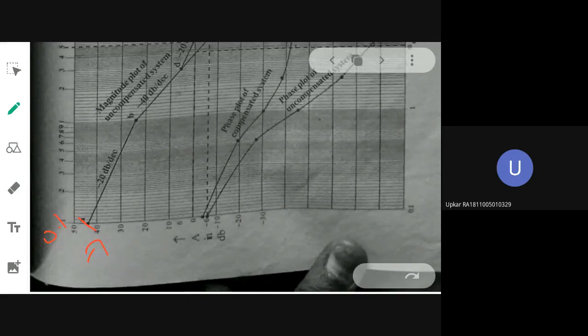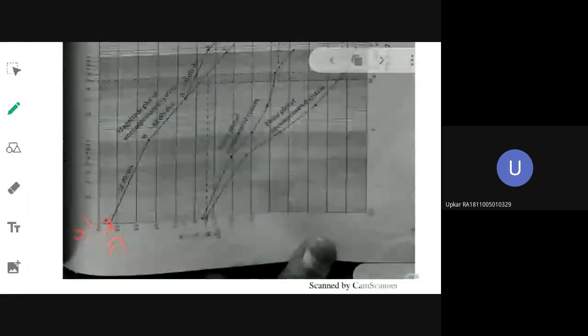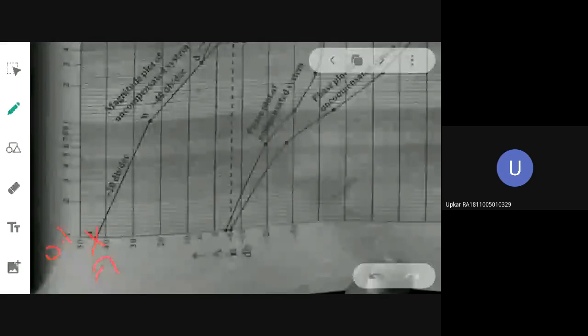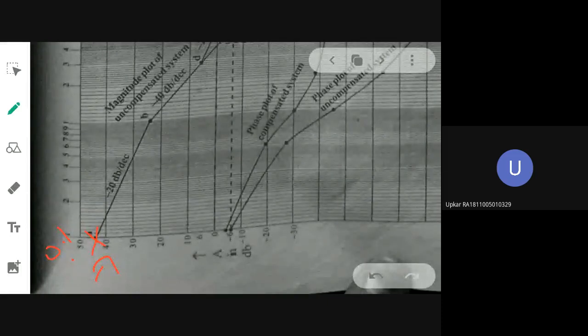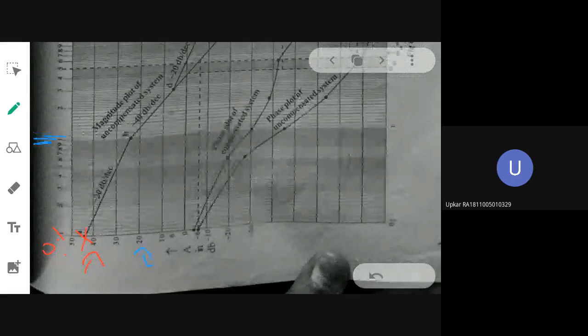When the omega value is 1 radian, what is the gain value? 24. So if this is 0.1, this is my 1, at which the magnitude is around 24. Here I have 20, so this is my 24 dB point, and this is my 44 dB point.